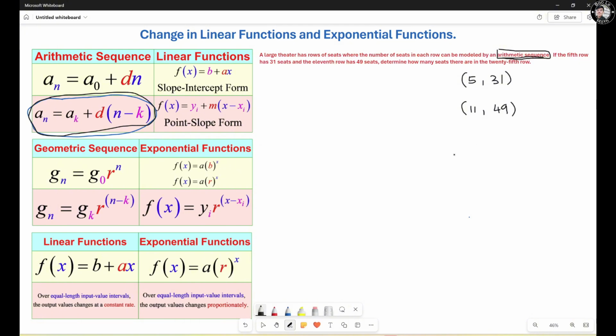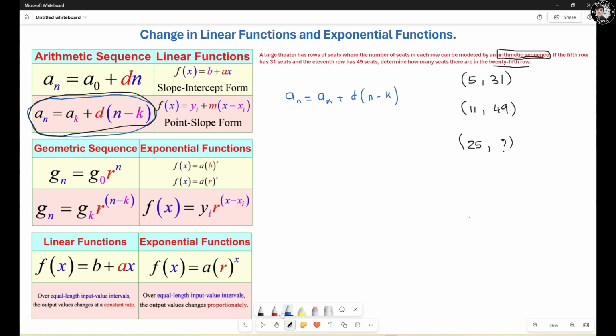Alright, now the question: determine how many seats there are in the 25th row. So we have 25 right here, and then this one equals how much? This is what we need to find. We're going to use the formula right here. So we have a sub n equal to a sub k plus d times n minus k.